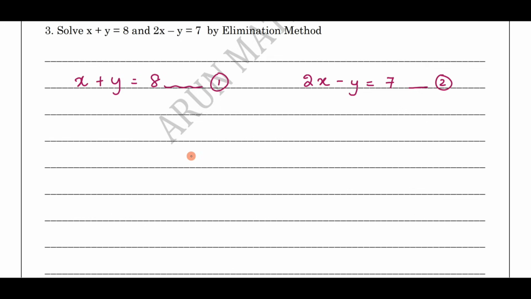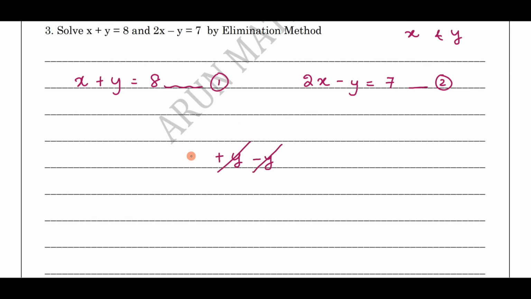Dear student, the variables in these equations are x and y. What you should do is eliminate any one of the variables. You can cancel the terms when they have opposite signs. For example, you have plus y and minus y, so you can cancel.